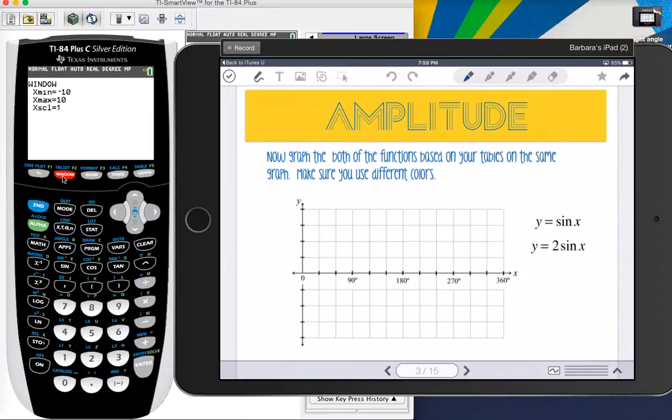So you can mess with your window if you'd like. I know I'm going between -2 and 2, and maybe you want to do the same for these where you're going from 0 to 360 and going up by 90s.